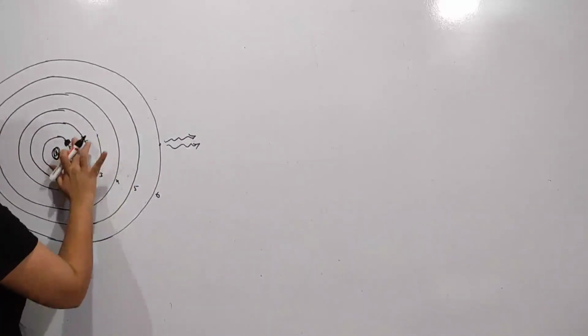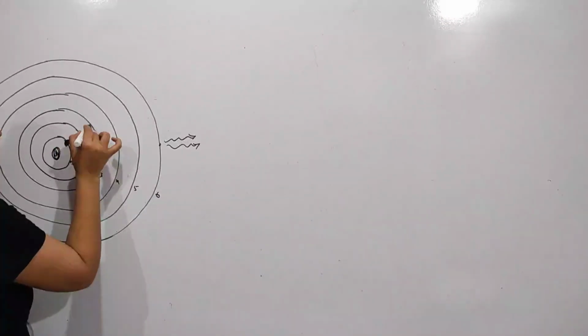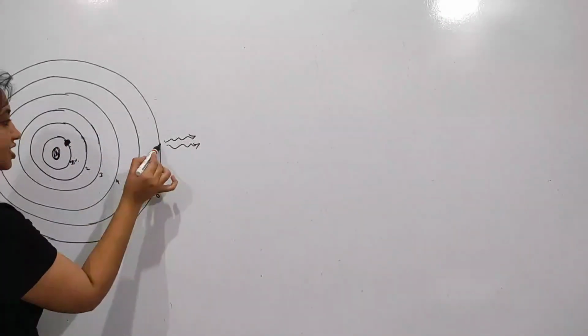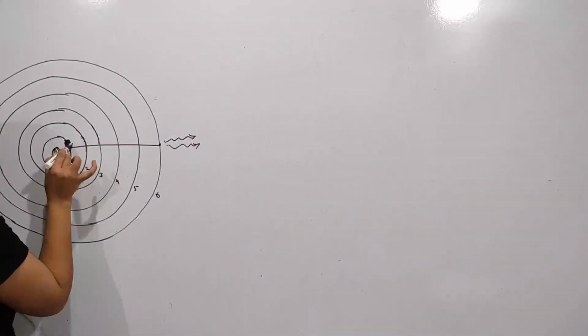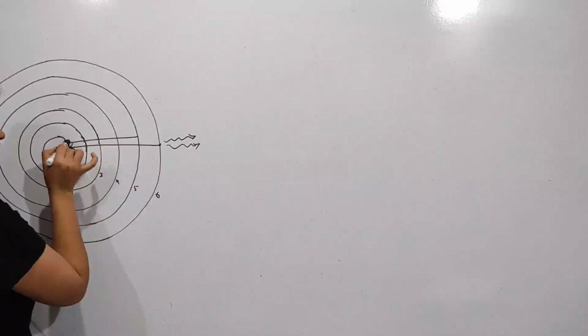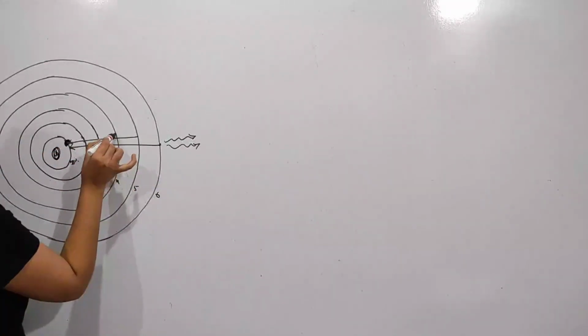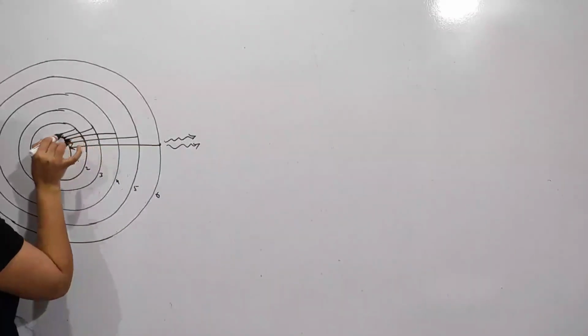So see here, the electron comes to its original position from the 6th level to the 1st level, or from the 5th level to the 1st level, or the 4th level to the 1st, 3rd to 1st, 2nd to 1st.